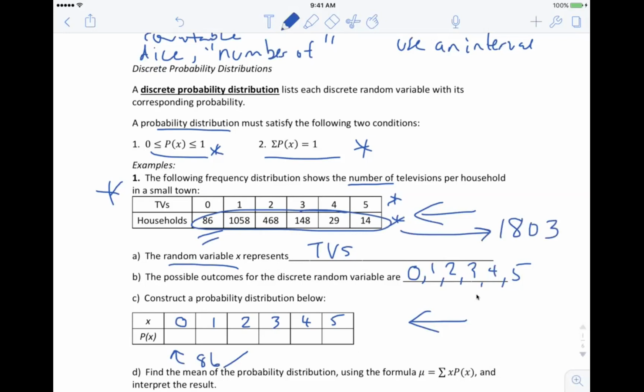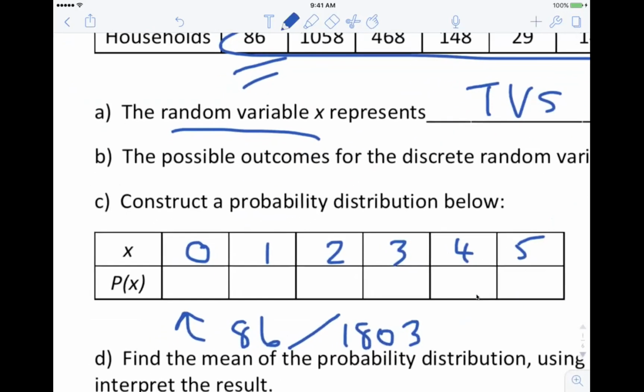That's 86 plus 1058 plus 468, etc. So I'm doing 86 divided by 1803. And I'm going to round to 3 decimal places, so I'm getting 0.048 for that one.